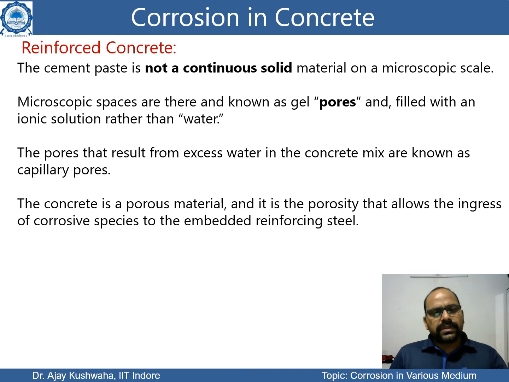So the concrete is a porous material, and it is the porosity that allows the ingress of corrosive species to the embedded reinforcing steel. Means, since the concrete is not a solid structure, it has pores, and through these pores there is a possibility that corrosive species, maybe air, water, humidity, or some other ionic content, can reach the steel reinforcement or steel structure, and then later on it can cause corrosion.